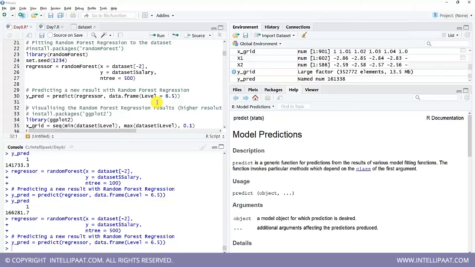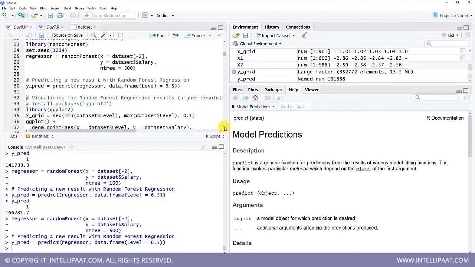Because why does a model try to overfit? Because it tries to accommodate all observations and classify them into the respective prediction regions as close to 100% as possible. That's what it'll try to do, and in that process, it will do overfitting. And overfitting is not good, okay?